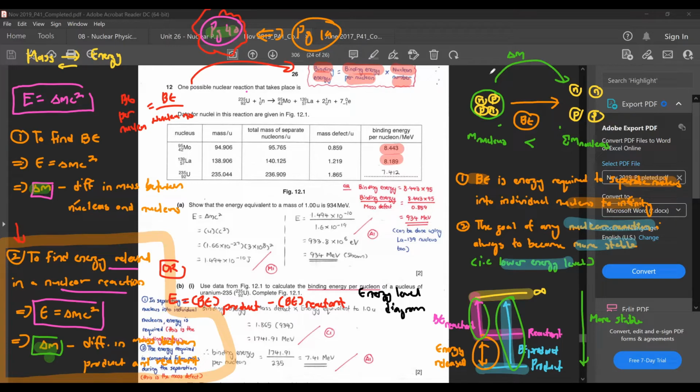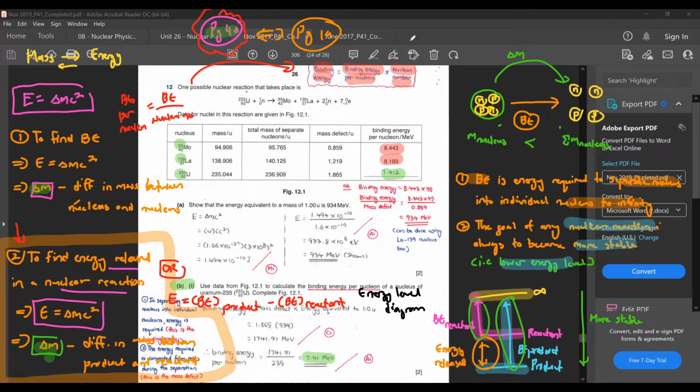Now, just now there was an empty blank here, right? 7.142. This is what you found in question B1. If you have binding energy per nucleon and the nucleon number, you can multiply those two together to find the BE for the respective nuclei.